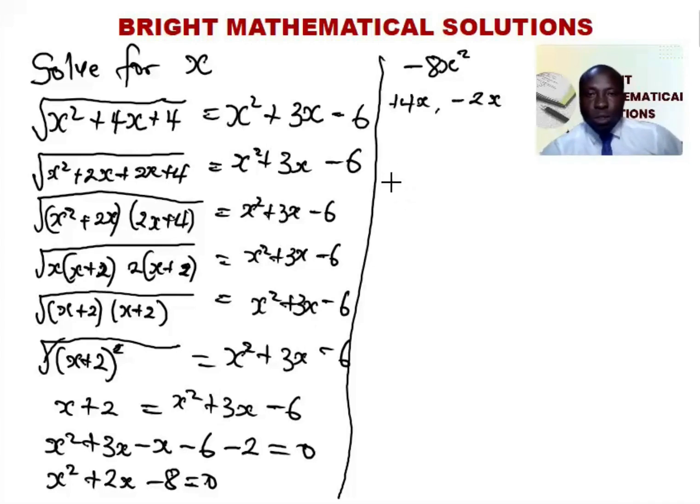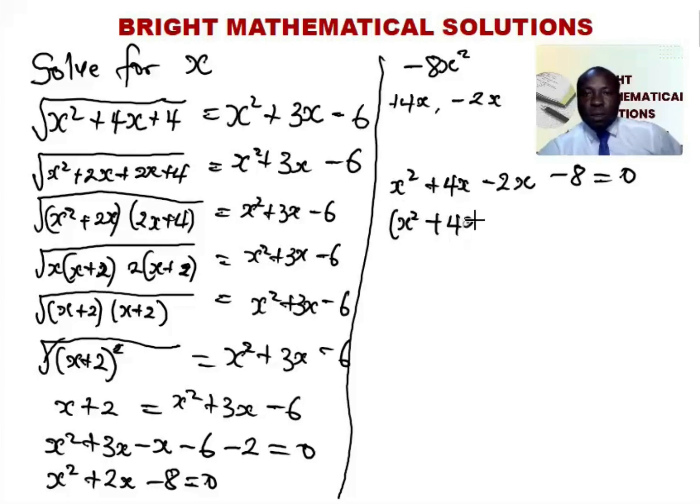So let us substitute. Now I have x squared plus 4x minus 2x minus 8 equals 0. Let us factorize. From the first two terms we factor out x, giving x into brackets x plus 4.